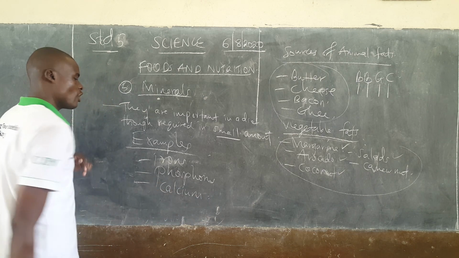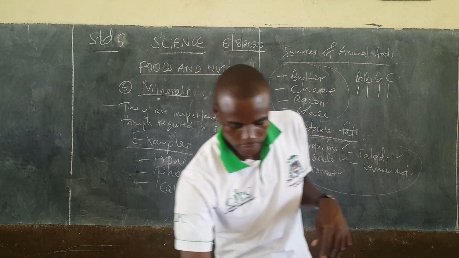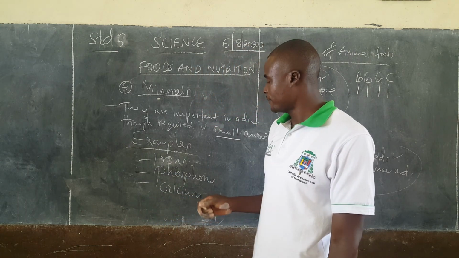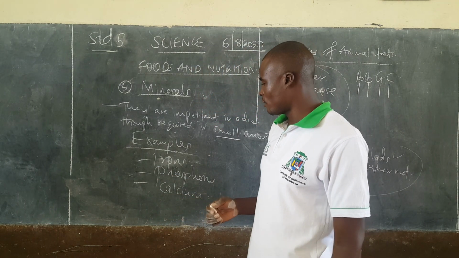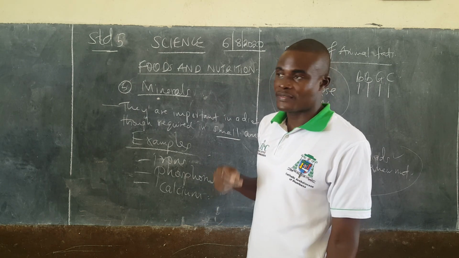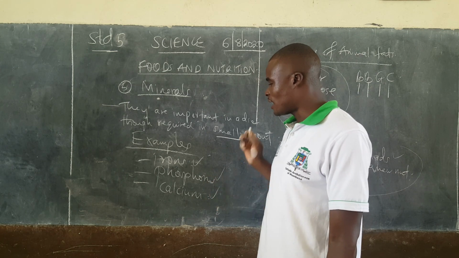We need calcium in our body. If you are very keen, these 3 examples of minerals that we need in our body are very easy to grasp. We don't have others that we are going to learn at class 5 level. So we only have iron, phosphorus, and calcium.